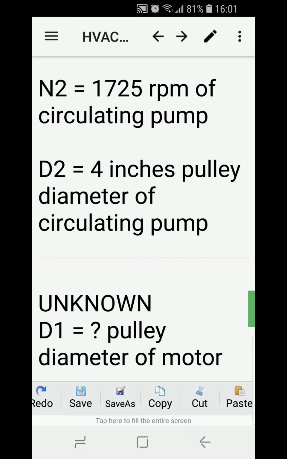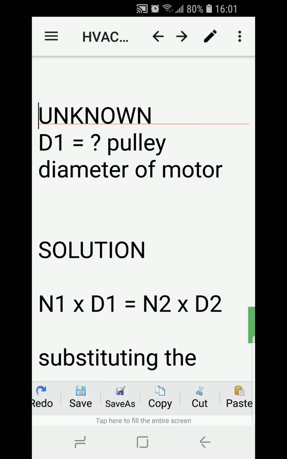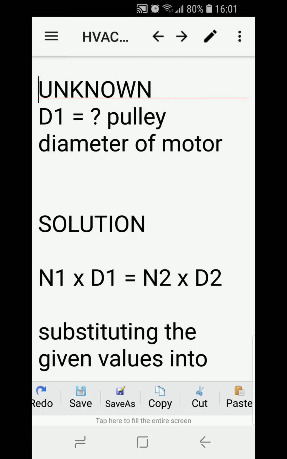So remembering the inverse relationship of the diameter and the RPM. So that's the unknown. Unknown is the pulley diameter of the motor.